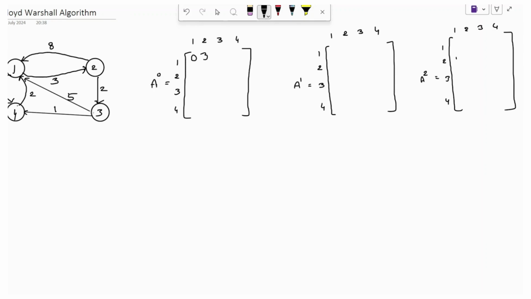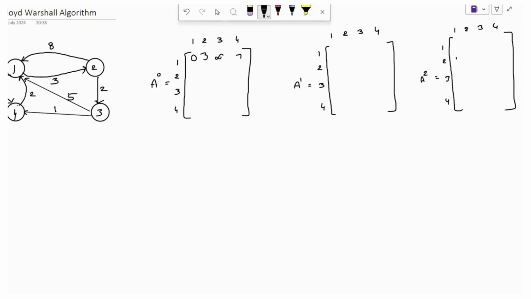And then 1 to 3: there is no direct path from 1 to 3. There is a path from 3 to 1, but no direct path from 1 to 3, so I am going to mark 1 to 3 as infinity. As I have told, if there is a direct path, I represent its weight; otherwise, infinity. Next, the distance from 1 to 4 is 7.